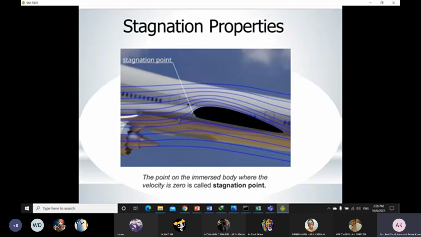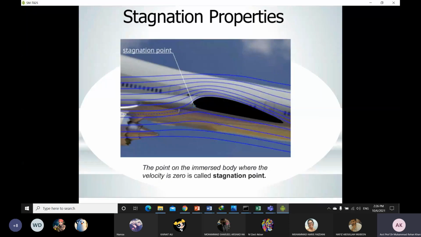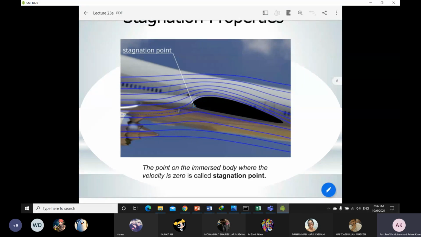Okay, so now coming to the next topic, which is stagnation properties. I hope you already know this term, stagnation, from your fluid mechanics course. What is the definition of a stagnation point? It is a very simple definition: the point on an immersed body where the velocity is zero is called the stagnation point.